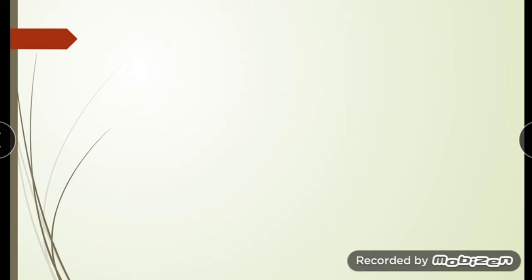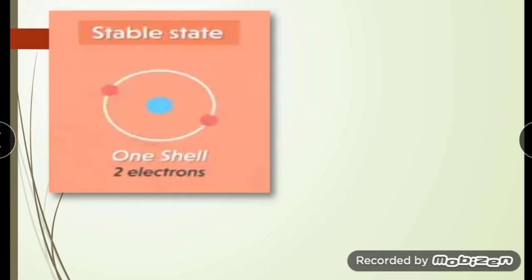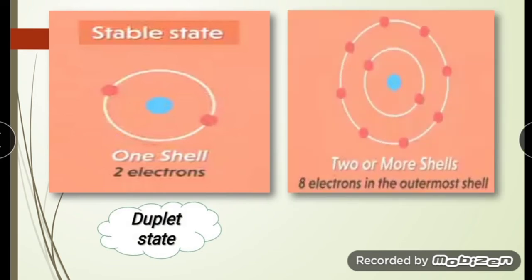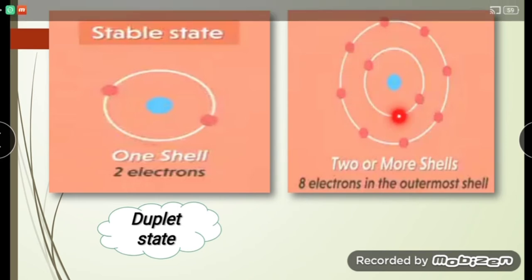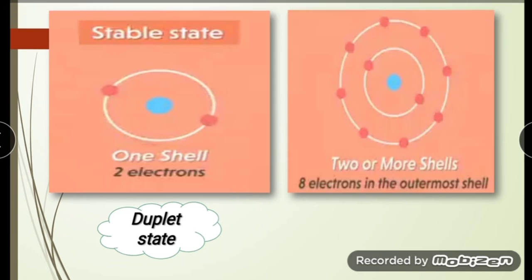Well, if the atom has only one shell, the stable state is achieved by holding 2 electrons in it. It is called a duplet state. If the atom has 2 or more shells, then the stable state is achieved by holding 8 electrons in the outermost shell. You can see 8 electrons in the outermost shell. It is called the octet state.